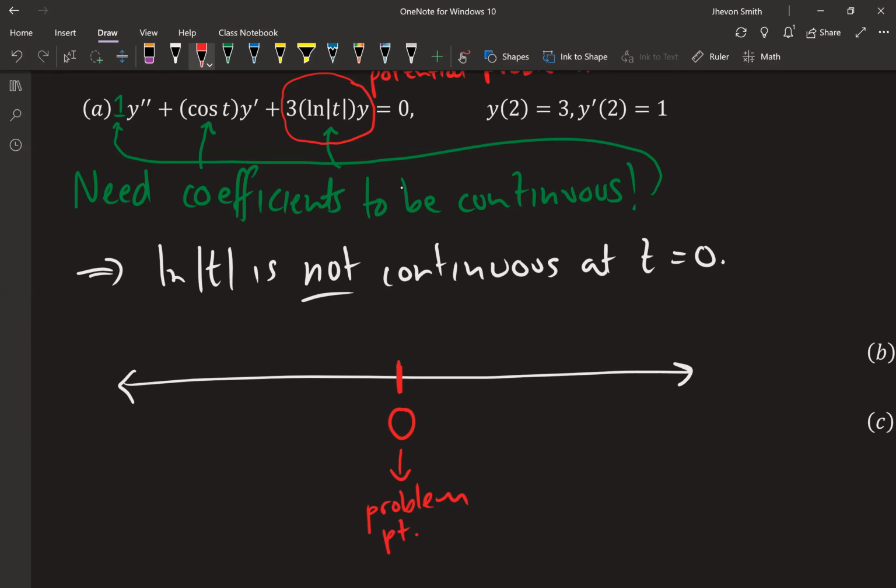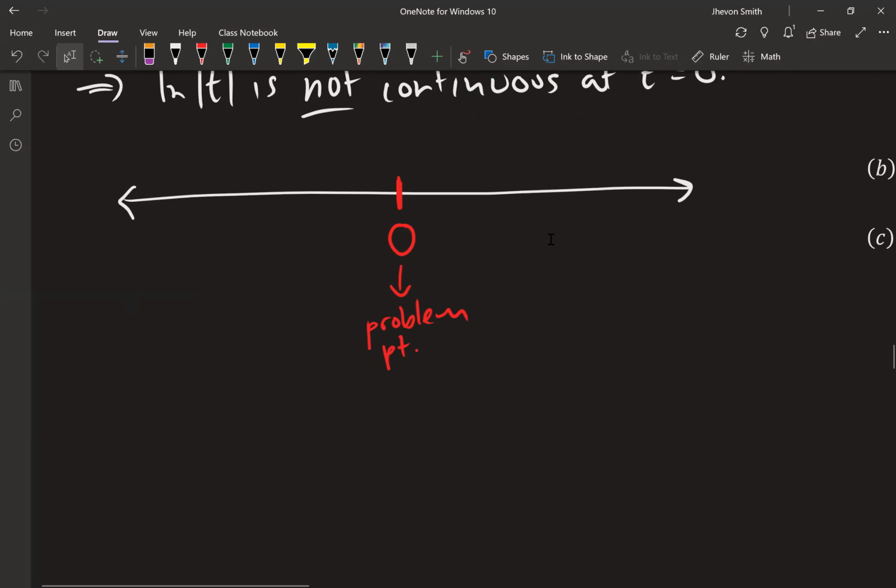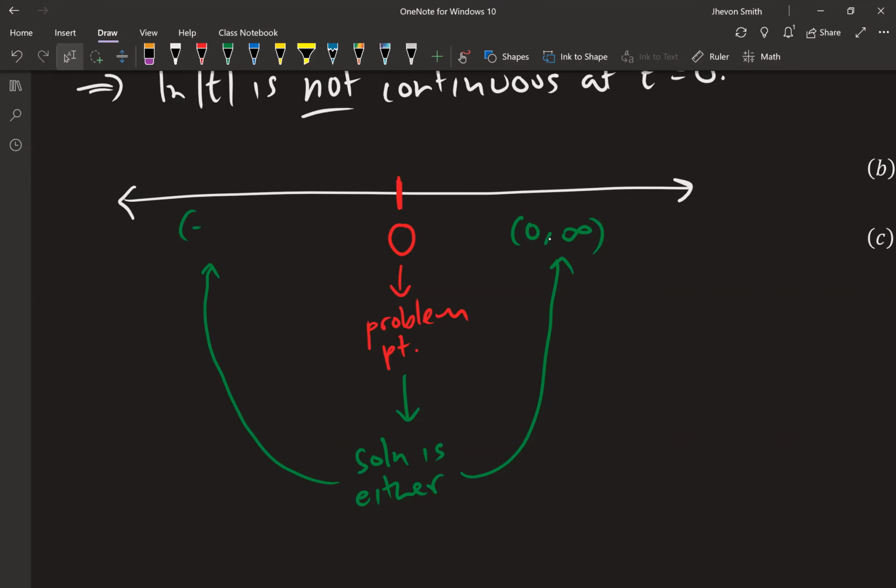So now it means that you have two possibilities for where the solution can live. So the solution is either here, which is the open interval from 0 to infinity, or here on the open interval from minus infinity to 0.